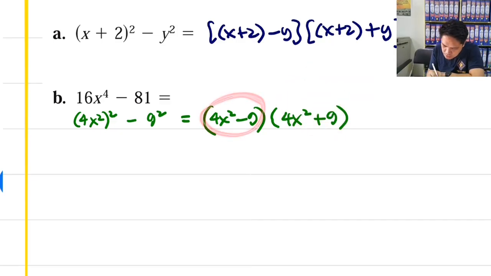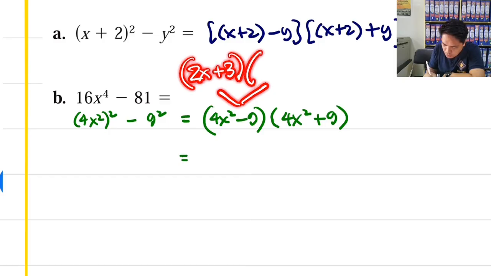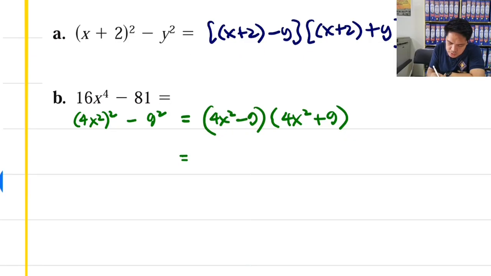So looking at this, we could factor this further as 2x plus 3 times 2x minus 3. Okay, because 9 is the square of 3, and 4x squared is the square of 2x.